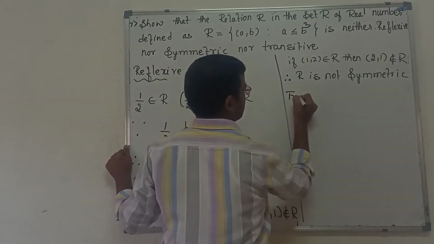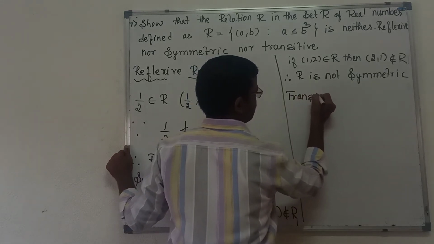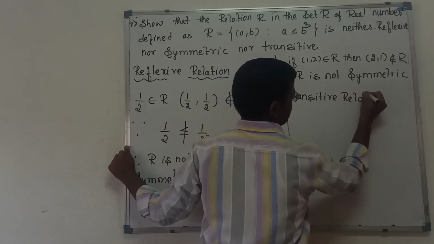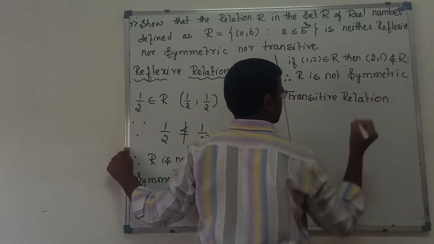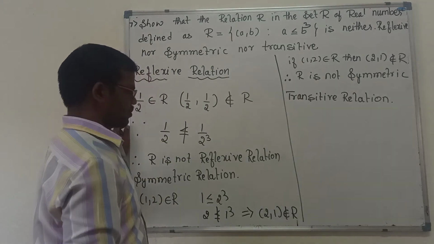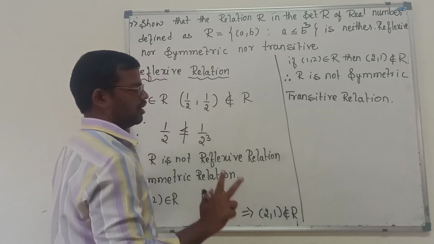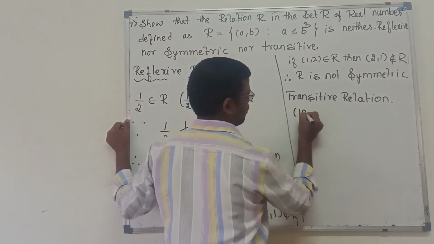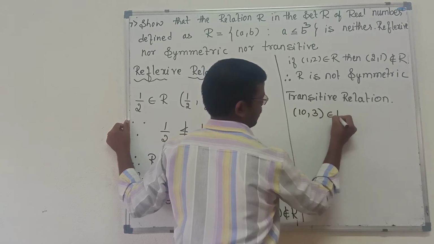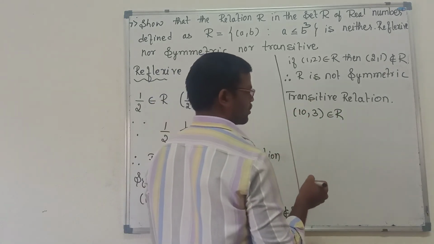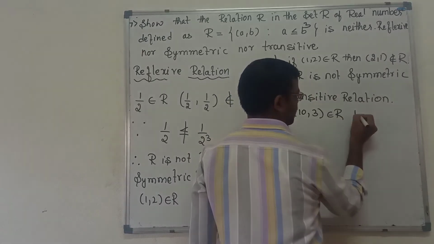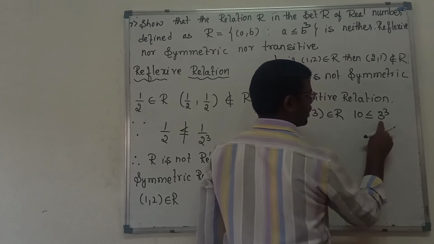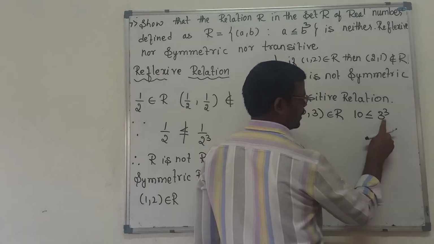So next we move to the third relation, the transitive relation. For the transitive relation, we need two pairs. For example, we take 10 comma 3 belongs to R. So we know that 10 is less than or equal to 3 cube. 3 cube means 27, and 10 is automatically less than 27.